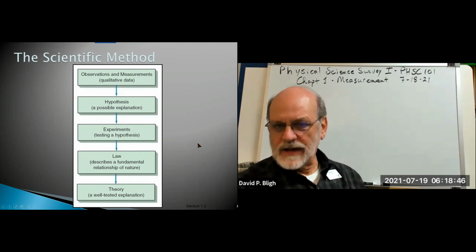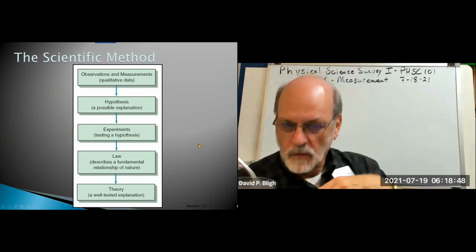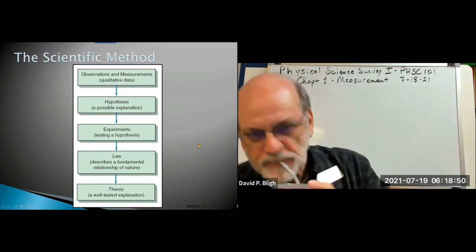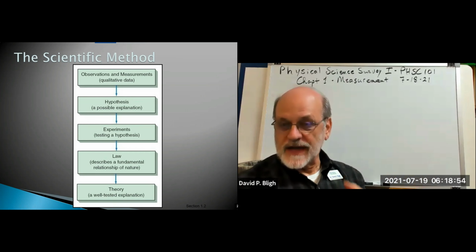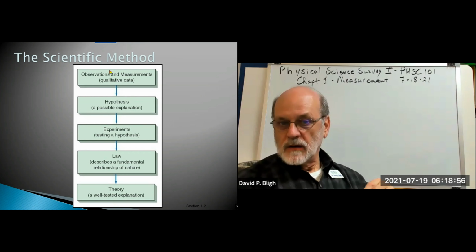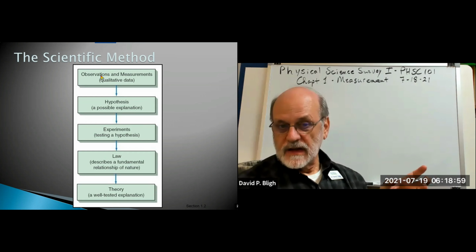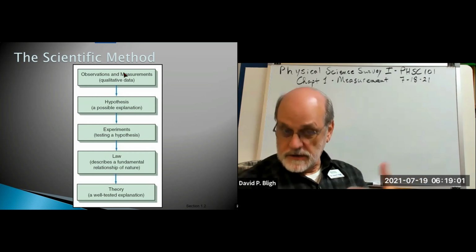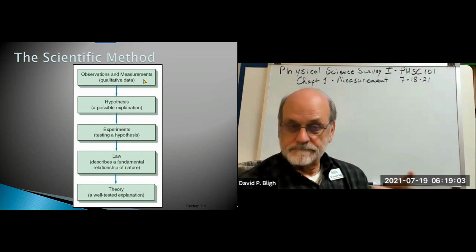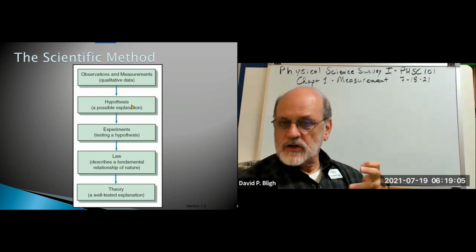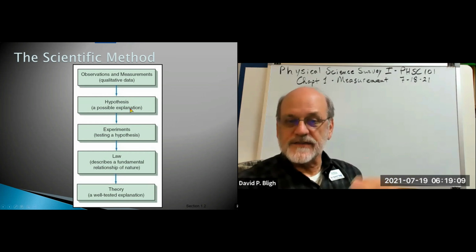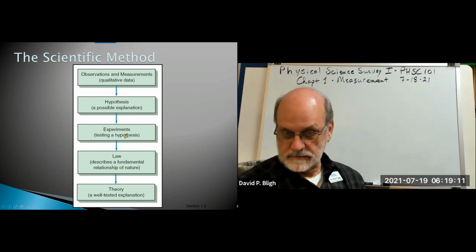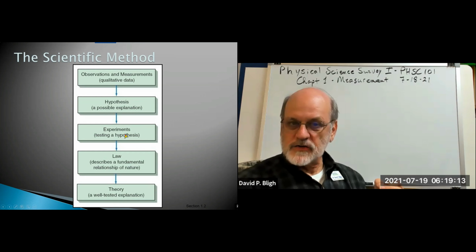This is a general outline of the process you might go through in the scientific method, where you have observations, which yield measurements, usually. And then you devise a hypothesis, an explanation, and then you test that hypothesis with more measurements. And you see if it explains the observations.